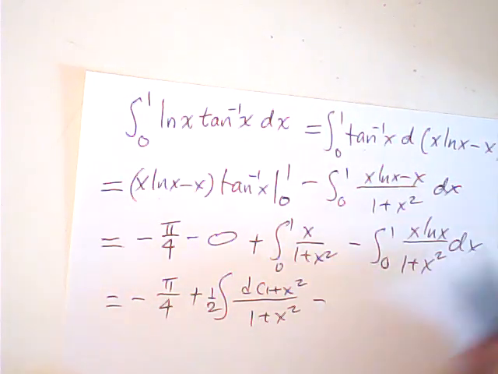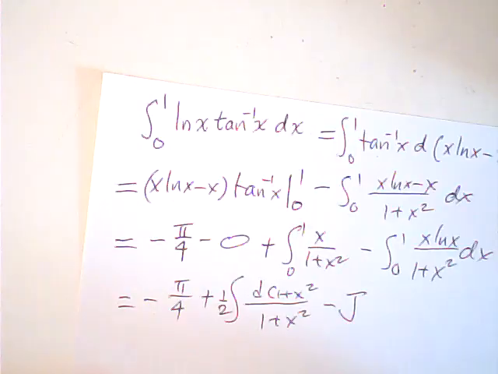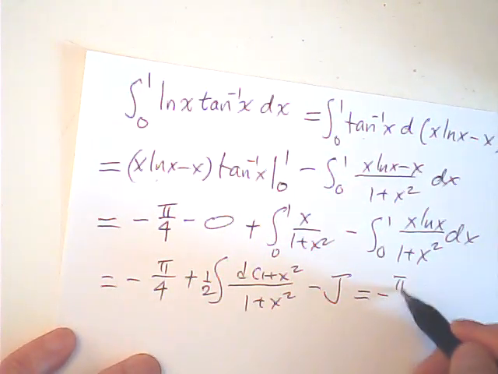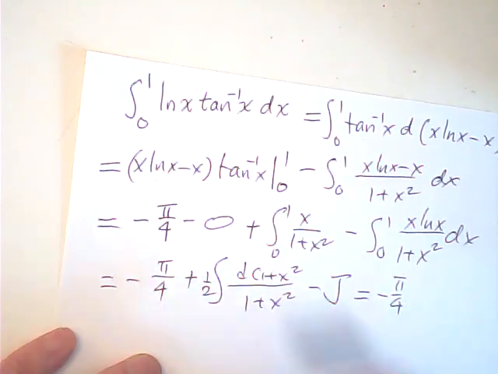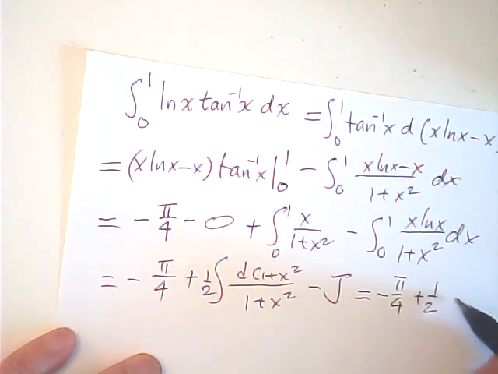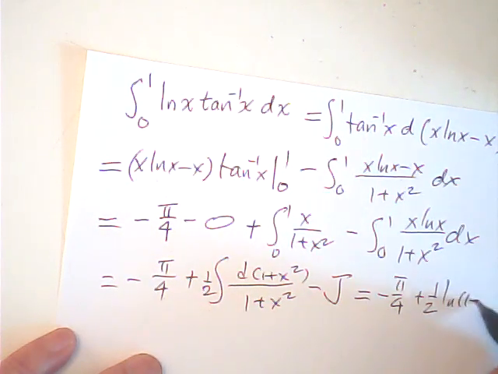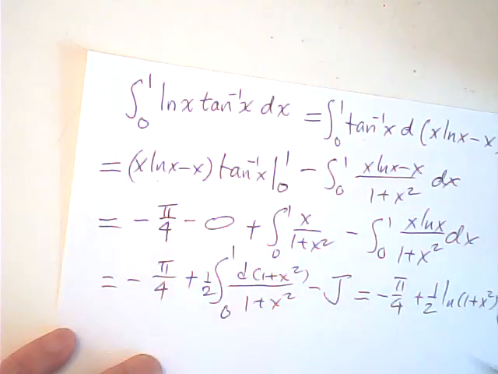minus, I call this one j, just develop separately. Now this is minus quarter pi. This one is plus half log of 1 plus x squared from 0 to 1, minus j.